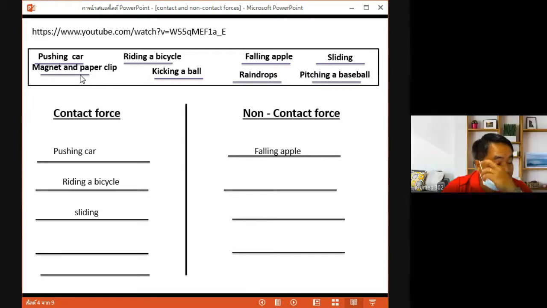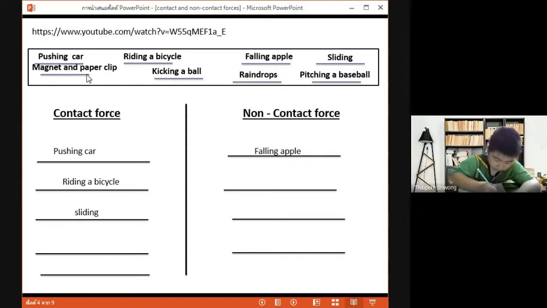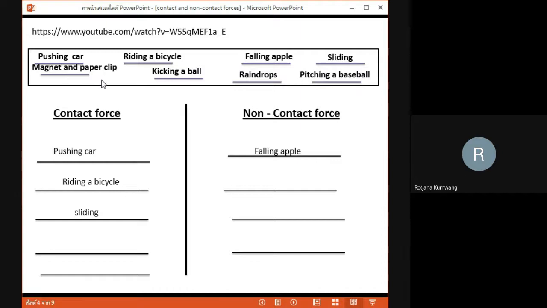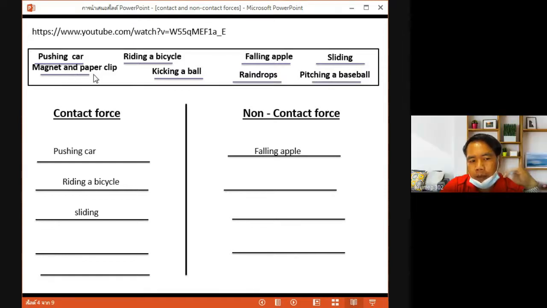Who wants to answer? Magnet and paper clip. Gundam, are you here? Yes. Magnet and paper clip: is it an example of contact force or non-contact force?